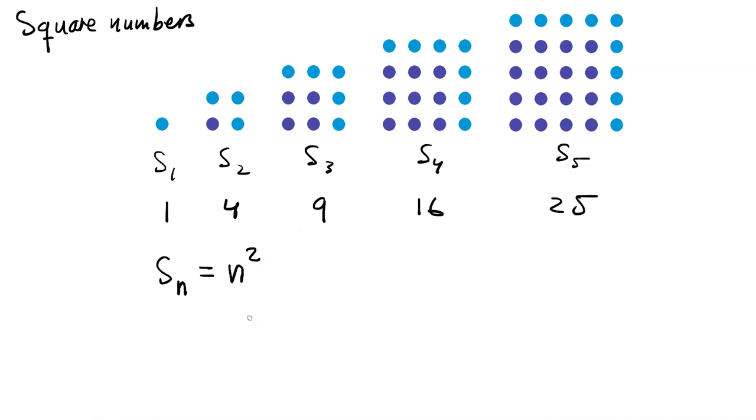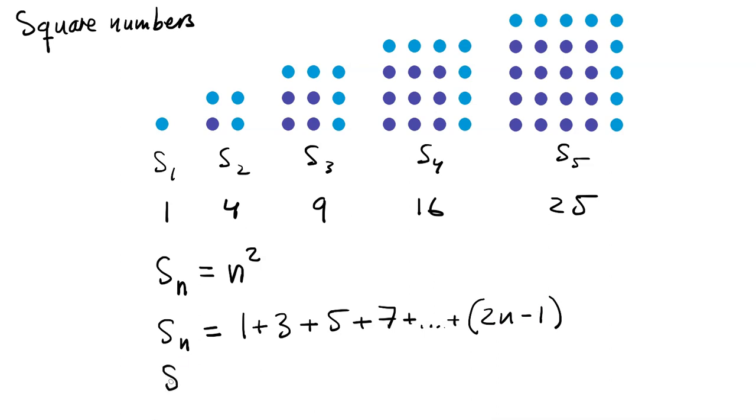We can also show that, for example, the nth square number can be written as the sum of the first n odd numbers. So for example, I can write it like this: 1 plus 3 plus 5 plus 7, and then I have to continue until I come to the number 2n minus 1.